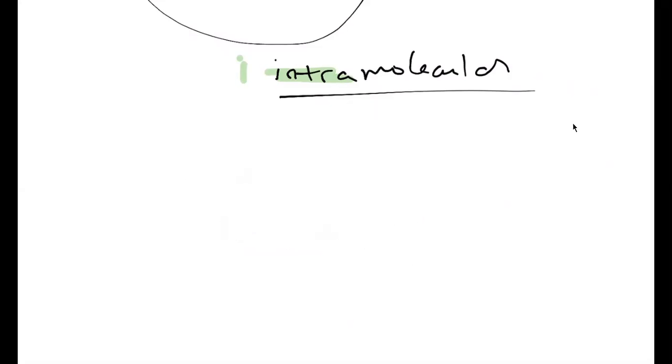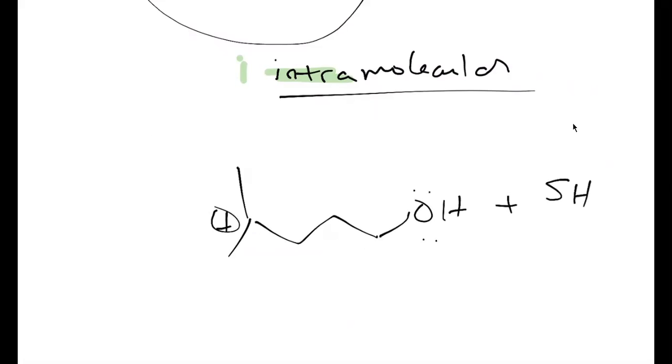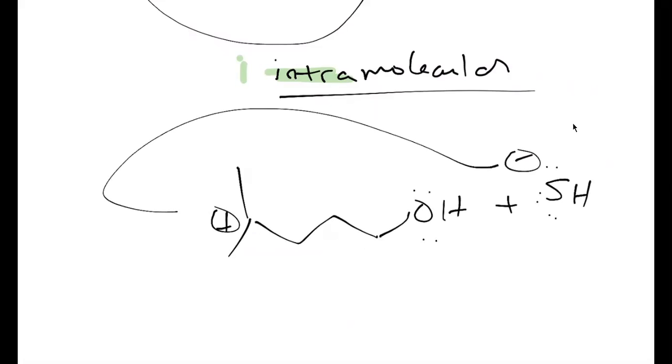That's sloppy and cheating. So I had the same carbocation, but I reacted it with, let's say, sulfur. So this came in and attacked like that. That would be intermolecular.